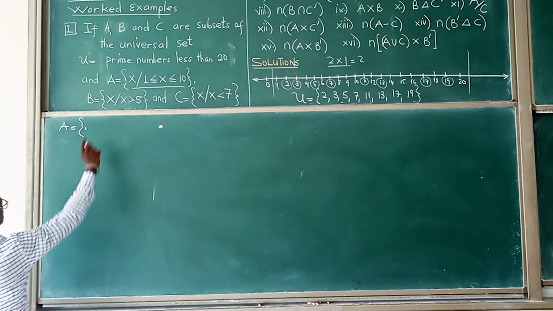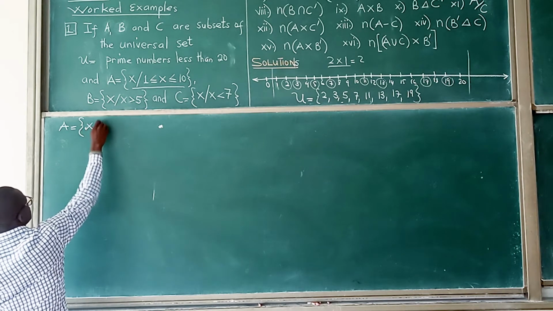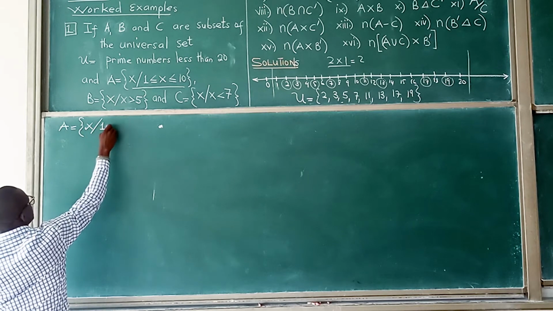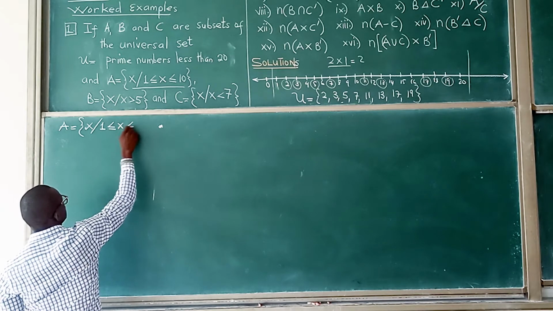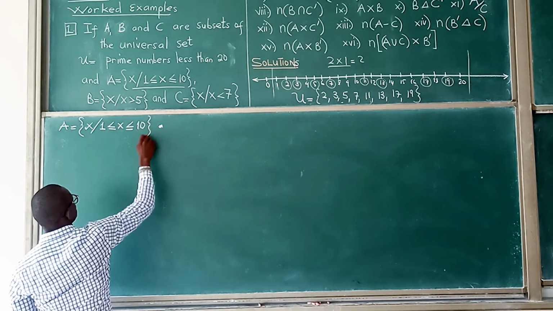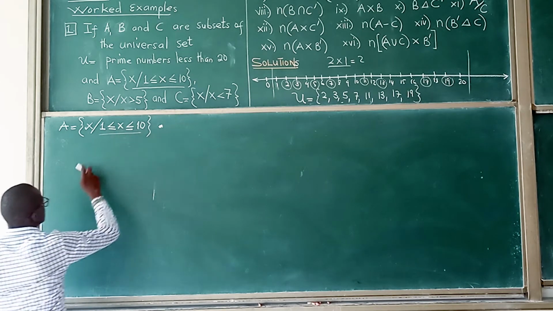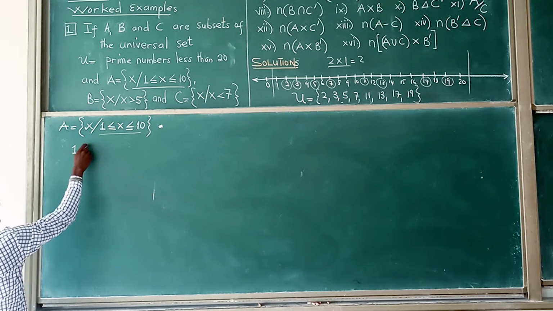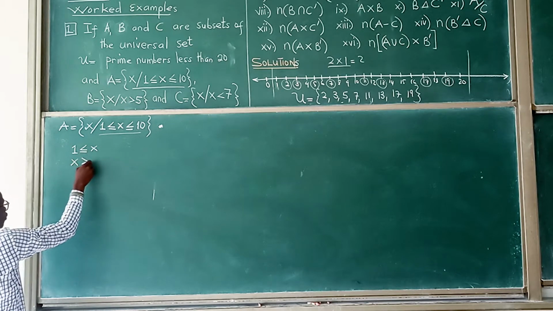What is set A first? If we look at set A up there, set A is all x such that 1 is less than or equal to x, and the same x is less than or equal to 10. Now what does this mean? With inequality notation, if 1 is less than x, it means x is greater than 1.